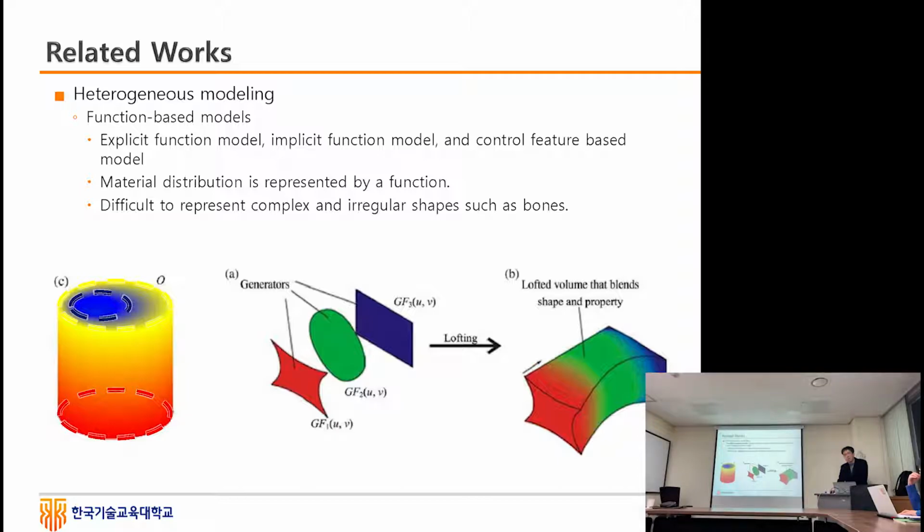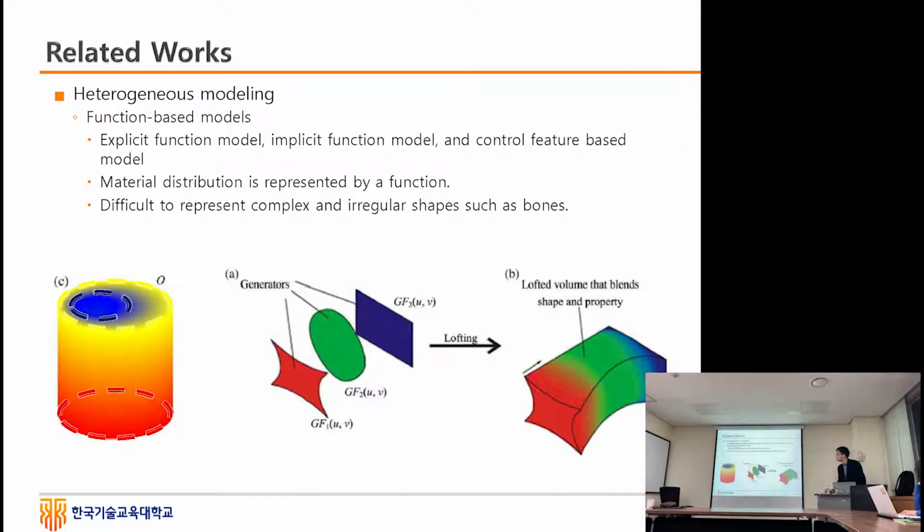The function-based model. In the function-based model, the material distribution is represented by an explicit function. However, making such a function is very difficult. So in previous research, they proposed the control feature-based model. In this model, the user just has to provide some kind of control features.